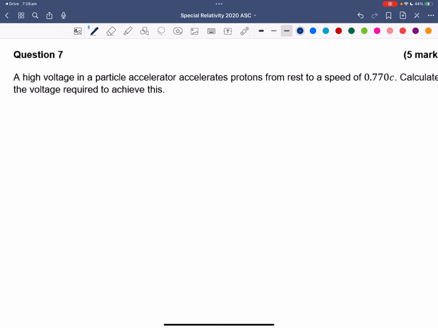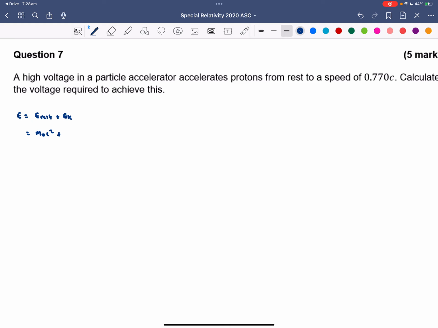So the way I'm going to write it down is, first of all, the formula for total energy. The total energy, everyone should know, is rest energy plus kinetic energy. Rest energy is m0c squared. In fact, kinetic energy is exactly what the work done is. In this case, the voltage is increasing the kinetic energy.